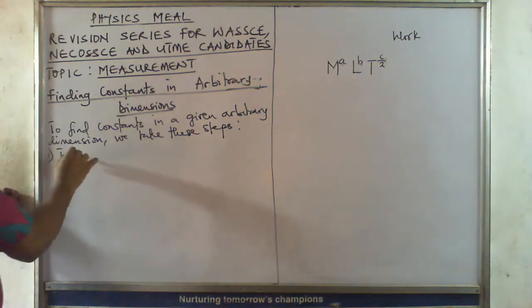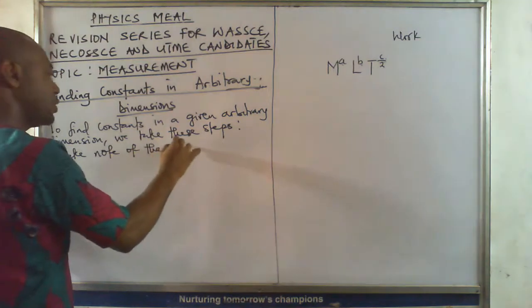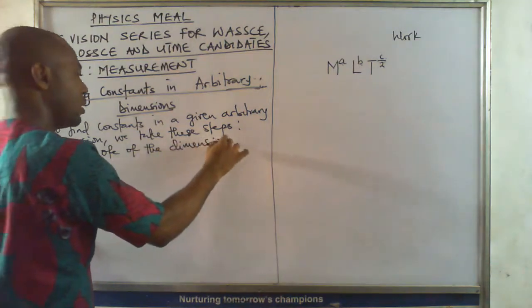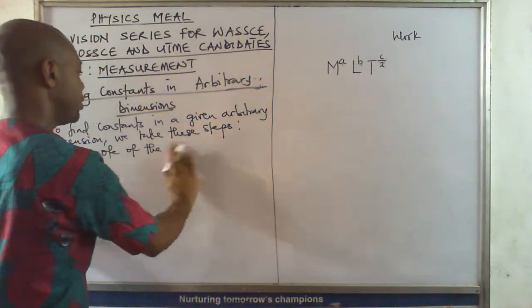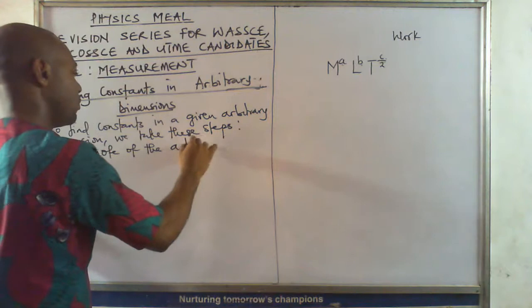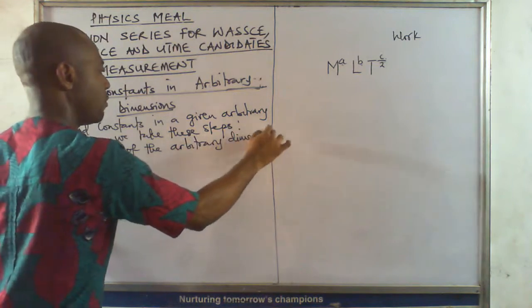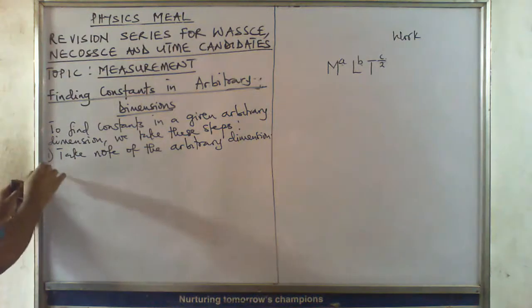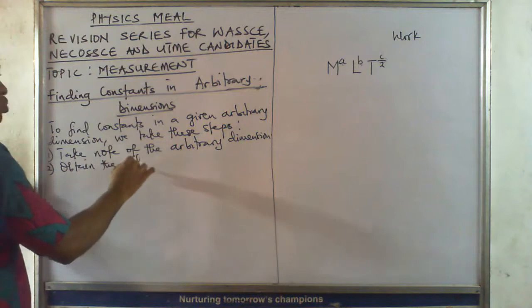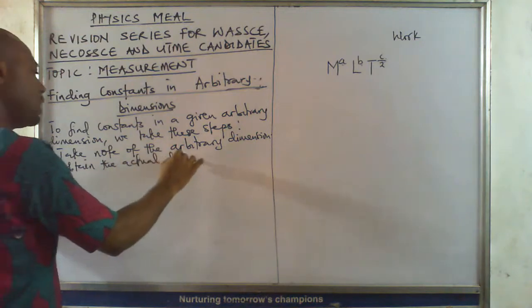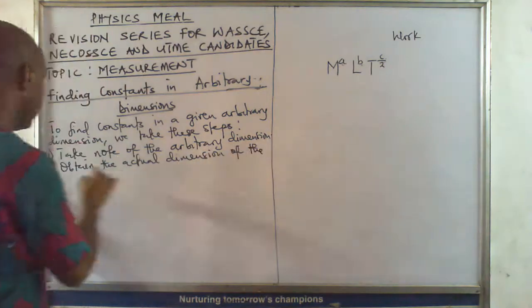Take note of the arbitrary dimension. 2. Obtain the actual dimension of the quantity.